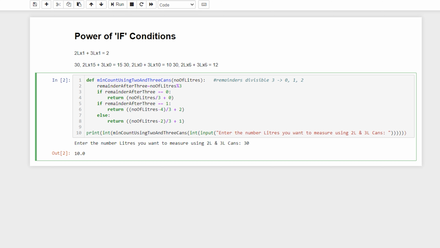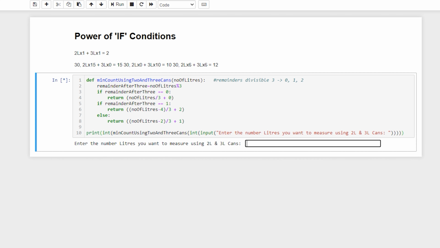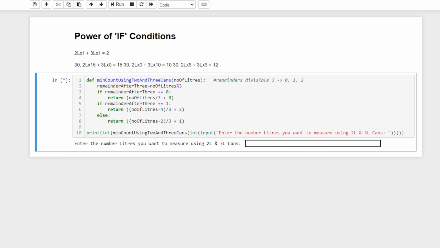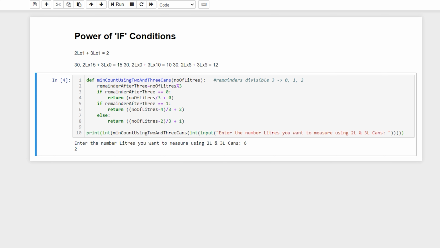Yes. So 30 liters, 10 times. Okay, 6 liters, 2 times. So using 3 liters, this condition will be happening. Number of liters 6 by 3 is 2.